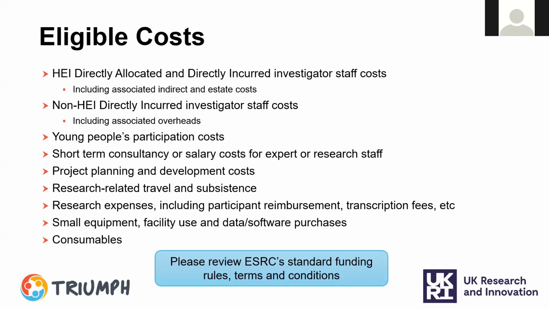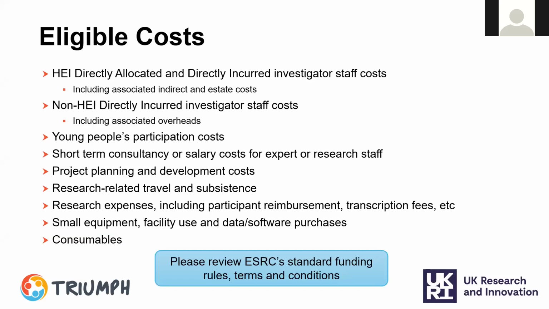So moving on now into what the funding can cover, and this largely follows ESRC's standard funding rules, which you can find on their website, or get in touch with us if you want some more information. So there's a few different terms here which are used quite widely within academia but may not be familiar to everyone. So the first one here is that within higher education institutions we can cover investigator staff costs, and these can be directly allocated.